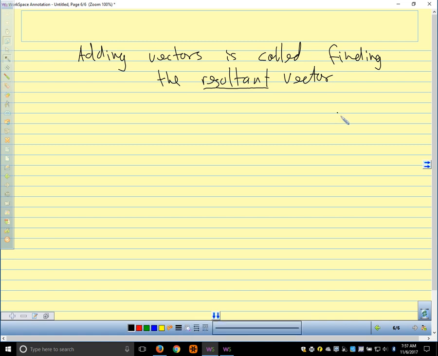So if you're adding a bunch of forces together, the problem might say that this force is described by this vector, this force is described by this vector, this force is described by this vector, and these forces are all acting on something. Find the resultant force. It's asking you to add all the vectors together.